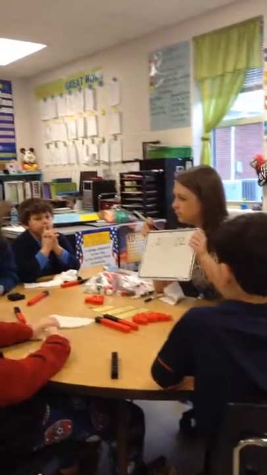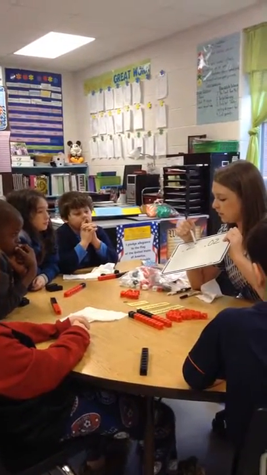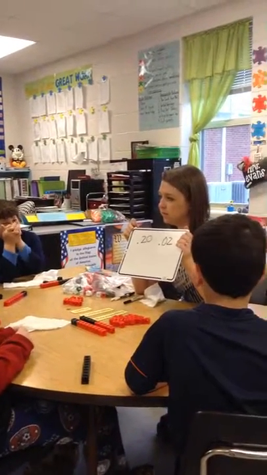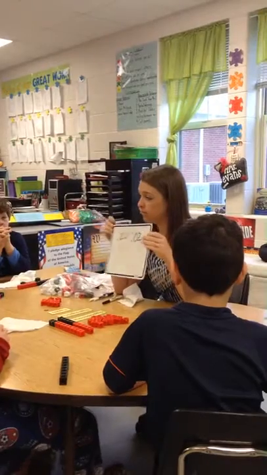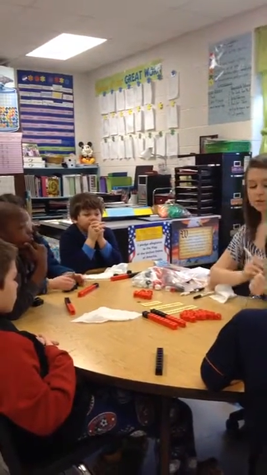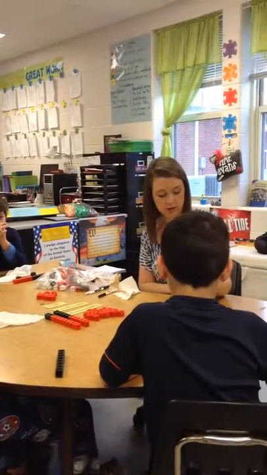Tatum? Add 0. Right, if I just add a 0, they both look the same, don't they? But they're in the same place. So, Tatum already knows that we can just add a 0.